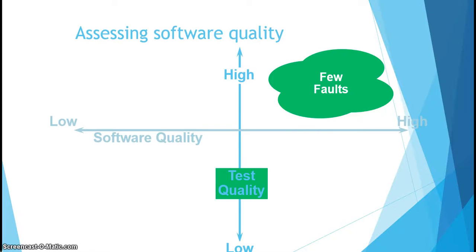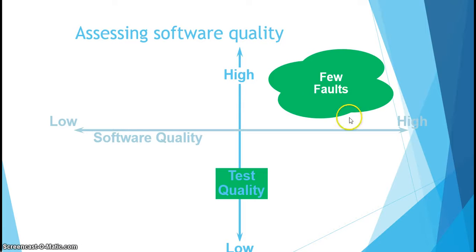So, you are saying we have a few faults in the application. Few faults means is the software highly reliable or our confidence level on the application is very high. If you plot something like this where test quality is high over here and software quality is low, software quality is high and test quality is low here.